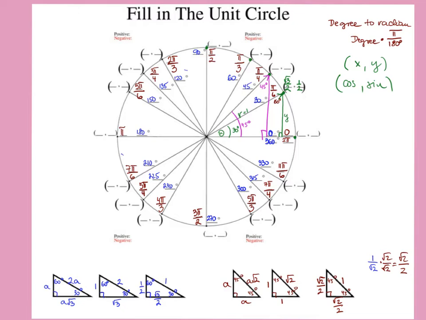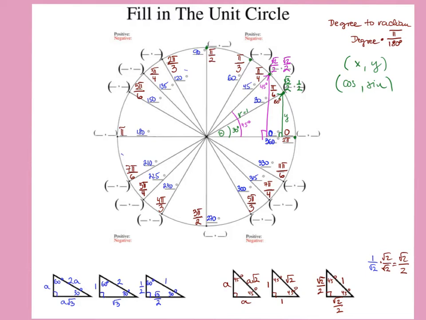So to decide in this case what the ordered pair is going to look like, I have to go to my 45, 45, 90 right triangle, and I can see that the y coordinate, which is opposite to the 45 degree, as well as the x coordinate, is going to be the square root of 2 over 2 as well as the square root of 2 over 2. So both of the legs of the triangle are square root 2 over 2.